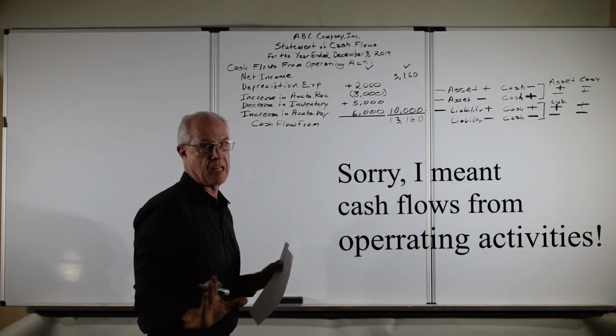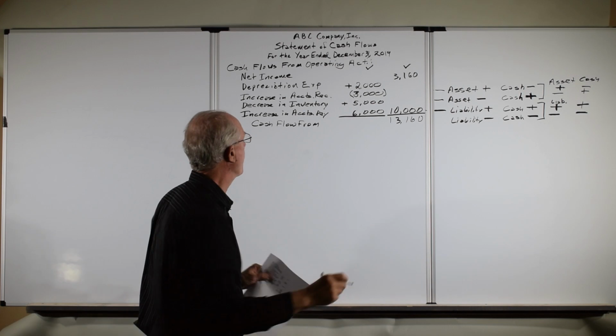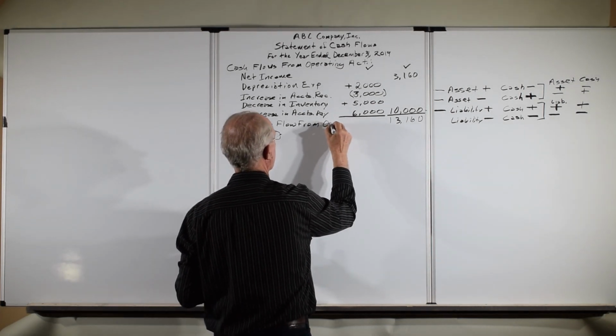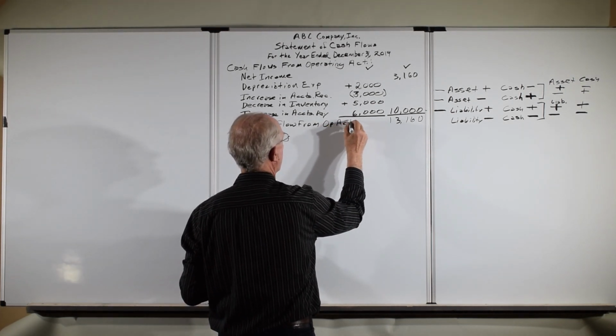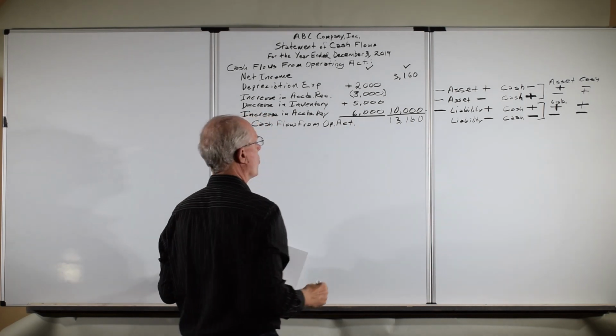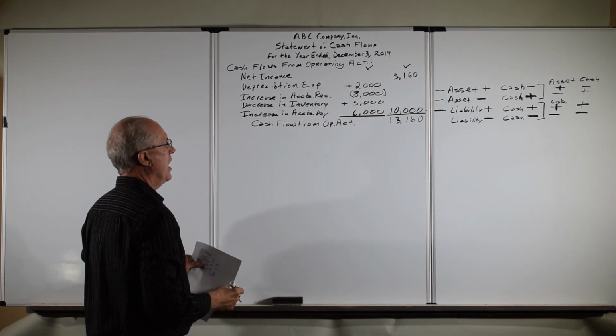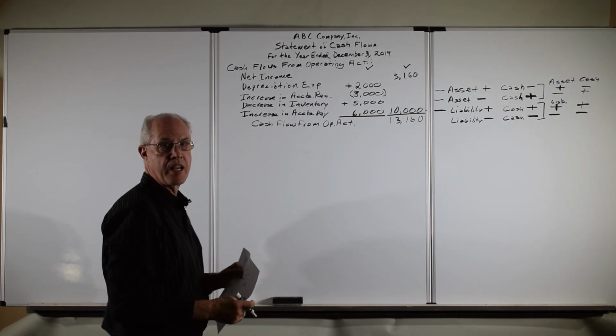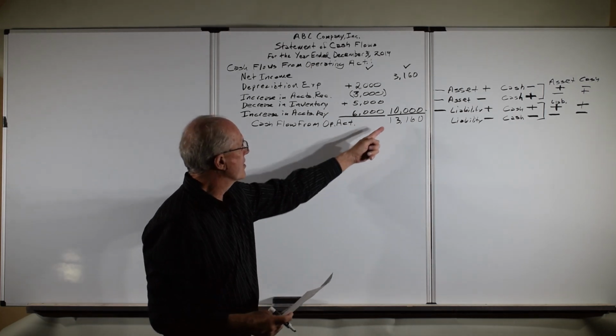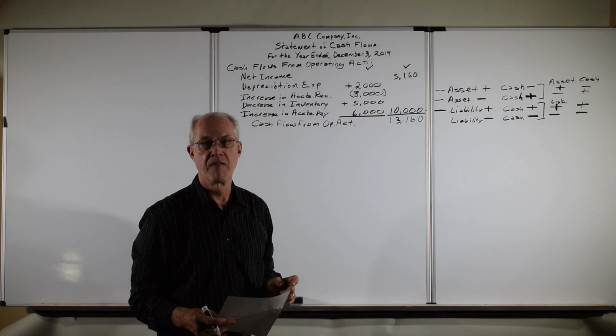I said investing, from operating activities. I'm just going to abbreviate both of those words because I'm really out of space on this tiny little board here. And so the increase in cash from operating activities is $13,160.